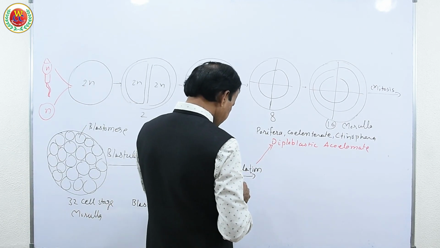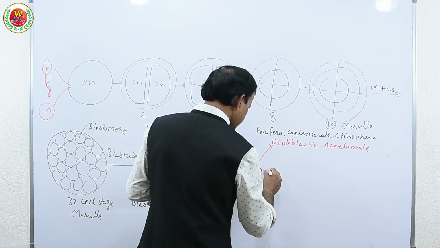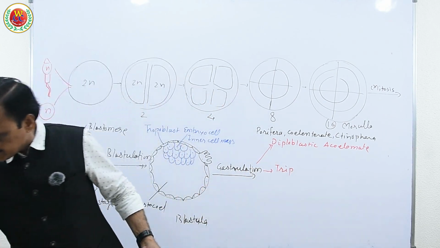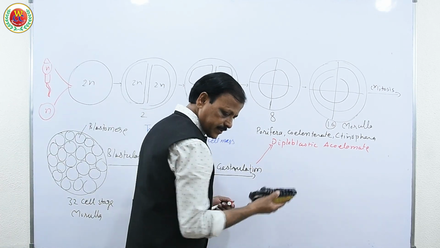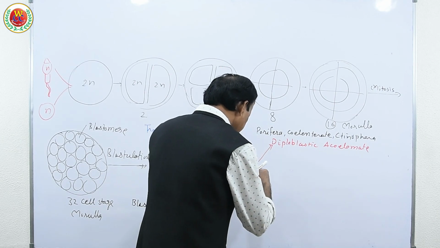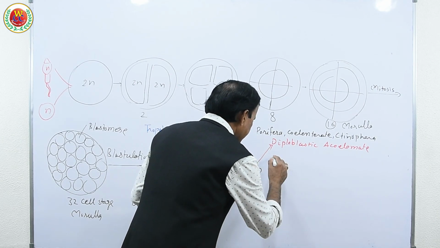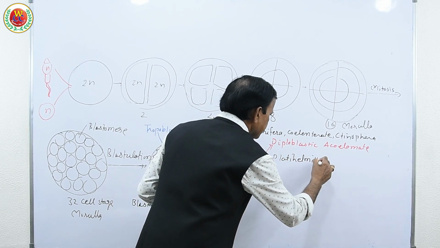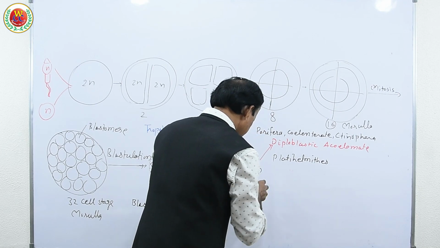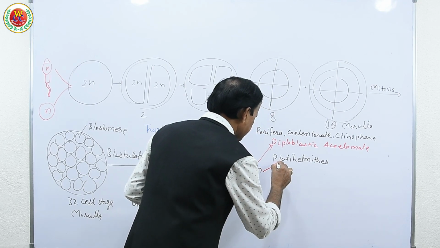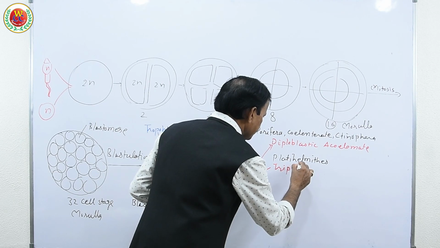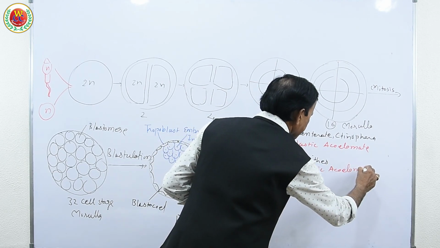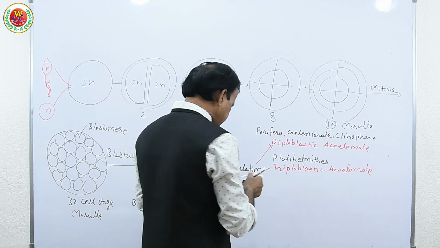Second arrangement is triploblastic acoelomate, which you have seen in Platyhelminthes. Then Aschelminthes.